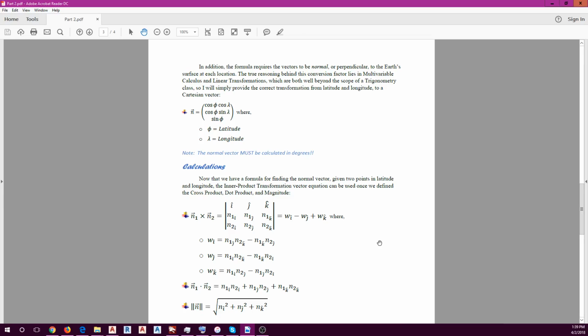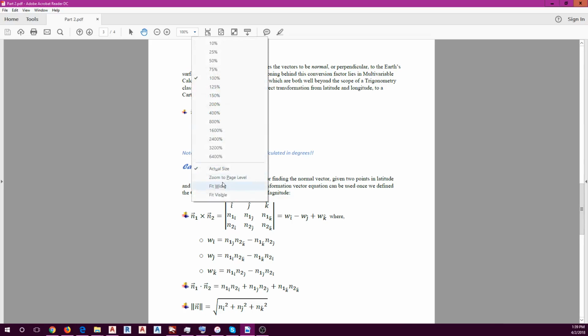But I am going to explain the concept behind cross products and dot products because that's far more valuable than understanding this. This is like week 10 in linear algebra, or week 3 in calculus 3. So this is advanced stuff as far as knowing how it works.